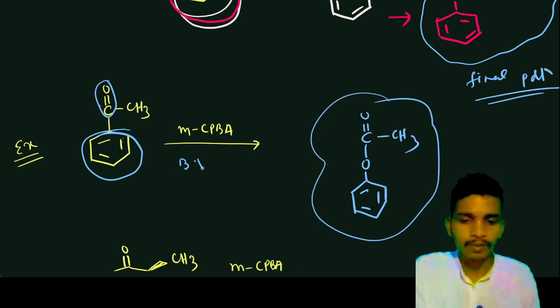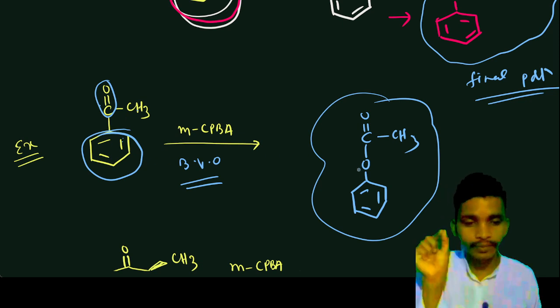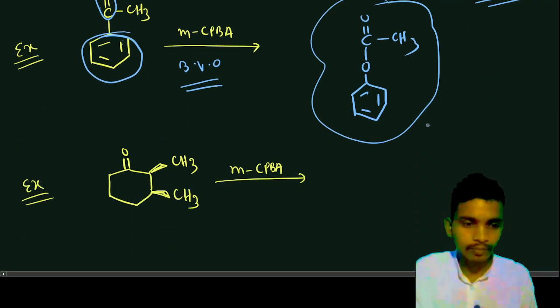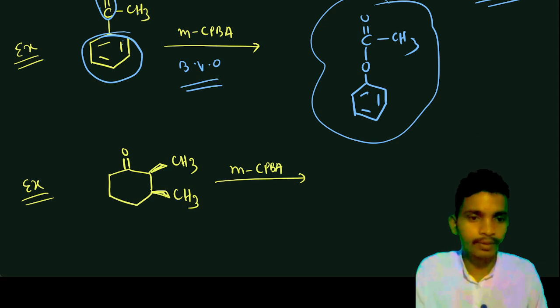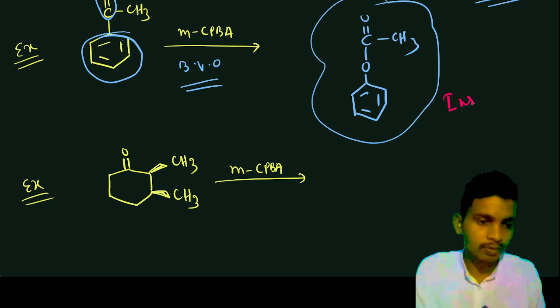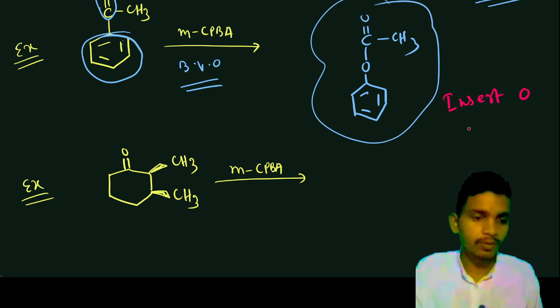If it is a Baeyer-Villiger oxidation, meaning if meta-CPBA is there and this is there, what you do is insert the O in between the CO and the more migratory group.